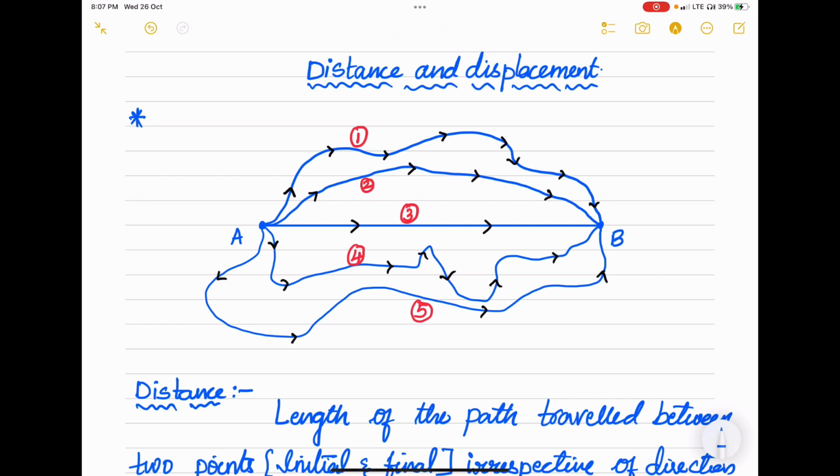So the lengths of paths 1, 2, 4 and 5 are nothing but the distance between the two points A and B, as they were measured irrespective of direction. It means the person is moving from A to B along these paths irrespective of directions.